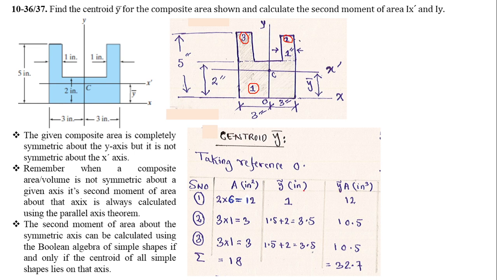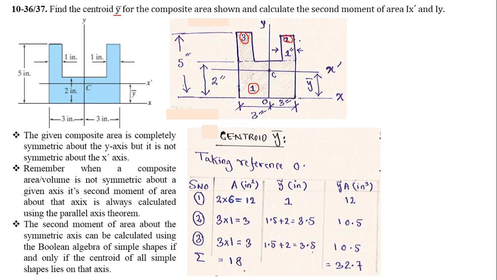Then the third column will be the product of first and second column. So it is 12 multiplied by 1, which is 12. Okay, 3 multiplied by 3.5, which is 10.5. 3 multiplied by 3.5, which is 10.5. And in order to calculate the y coordinate of the centroid of this entire cross section, you need to sum the areas, and you need to sum this third column.